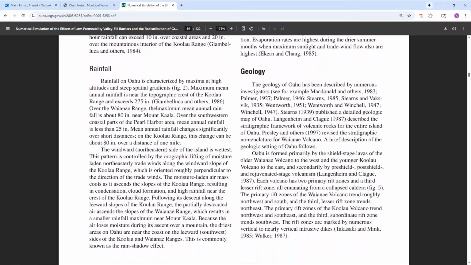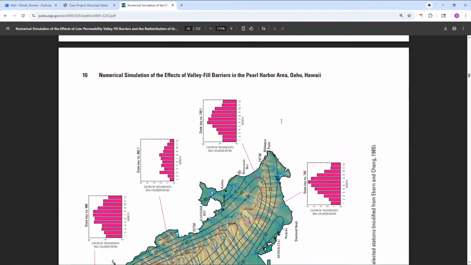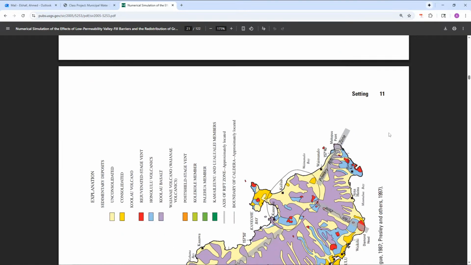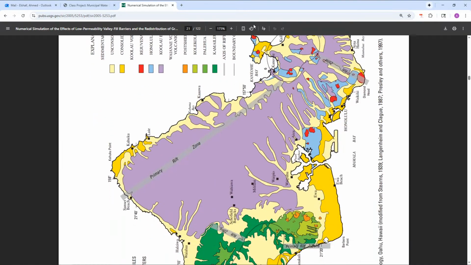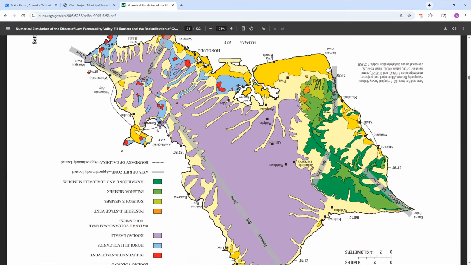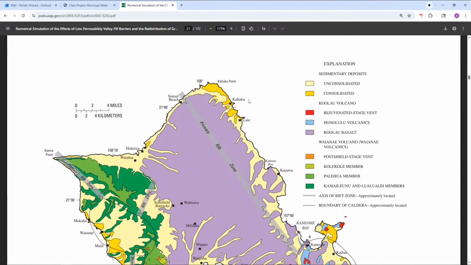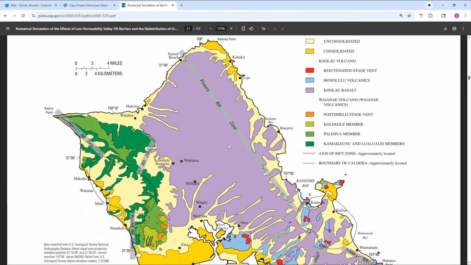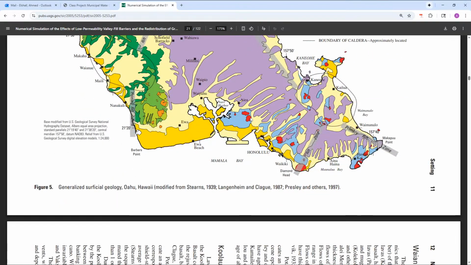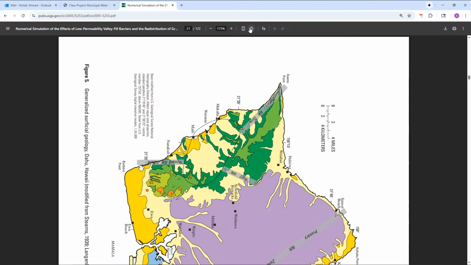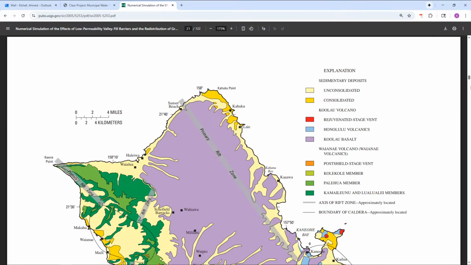So climate, that's rainfall. And then you talk about the geology. Here that would be the rainfall data, and here the geological information of your area. It will talk about different geological areas, which have different hydraulic conductivity properties.